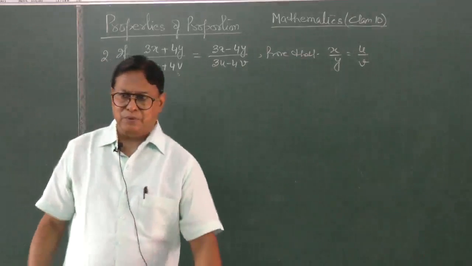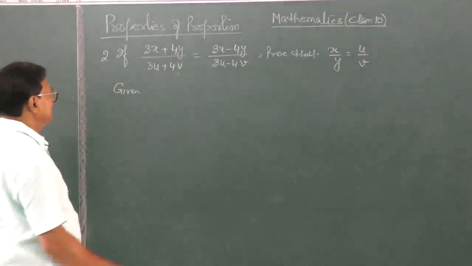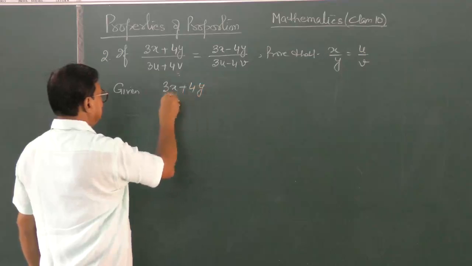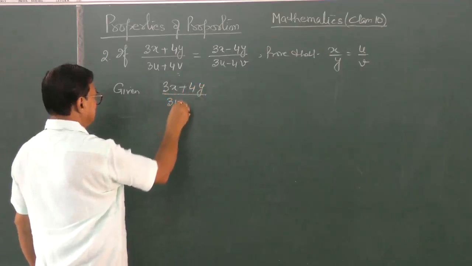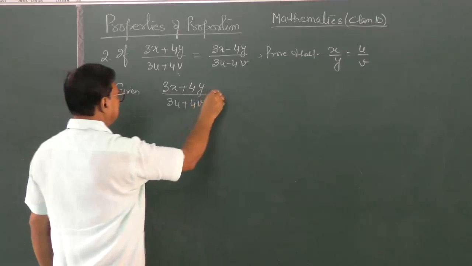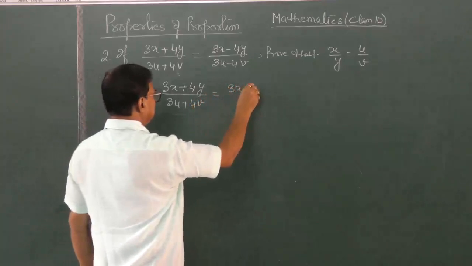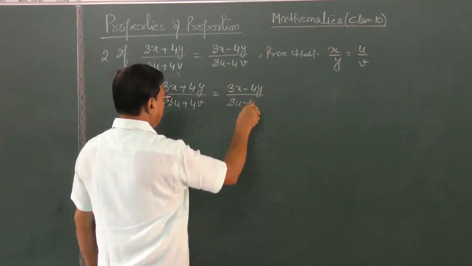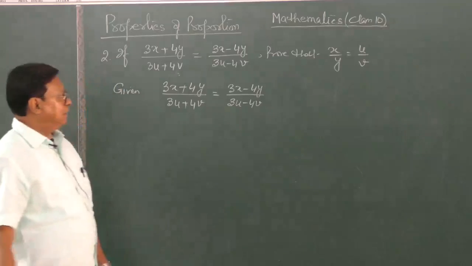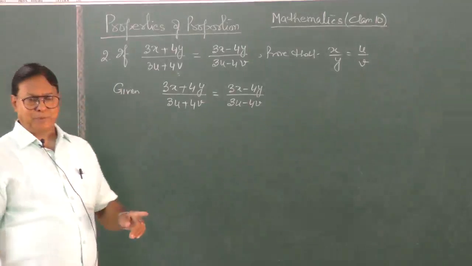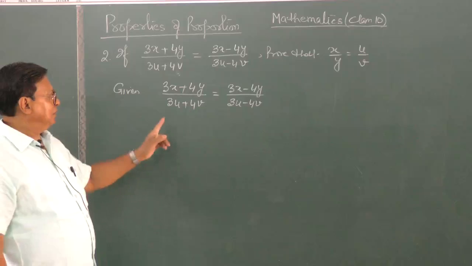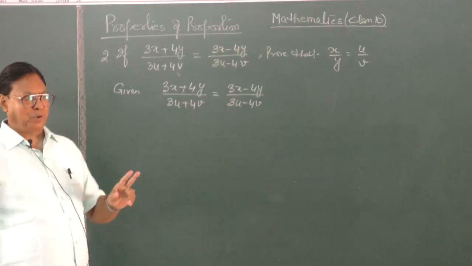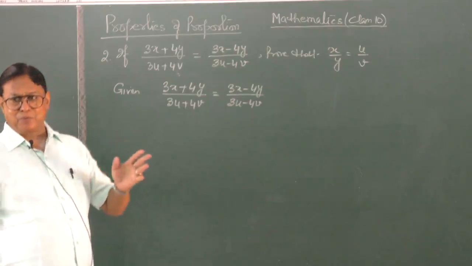Well, here again we will start with what is given. So given... we have to apply, it says properties, to apply numerator, componendo and dividendo, but before that make sure the variables are the same on both sides.